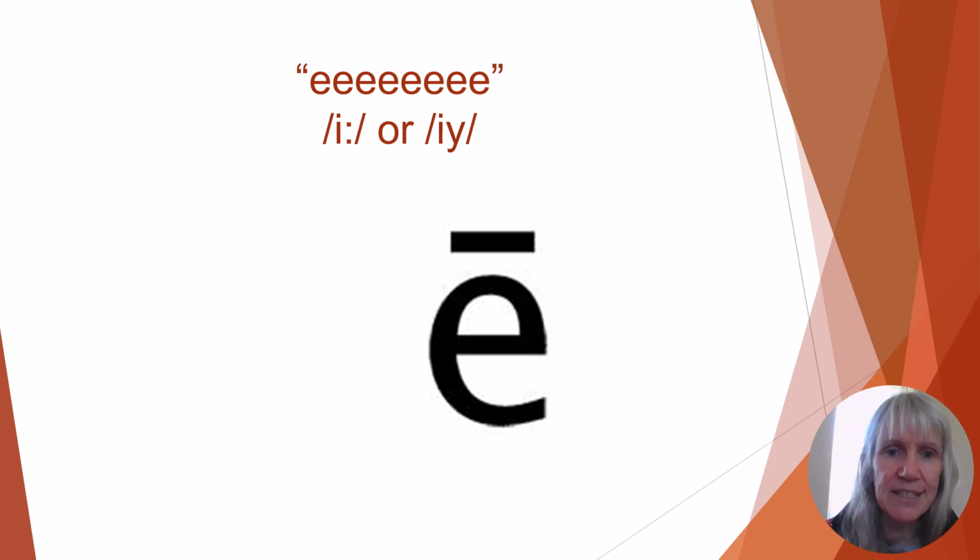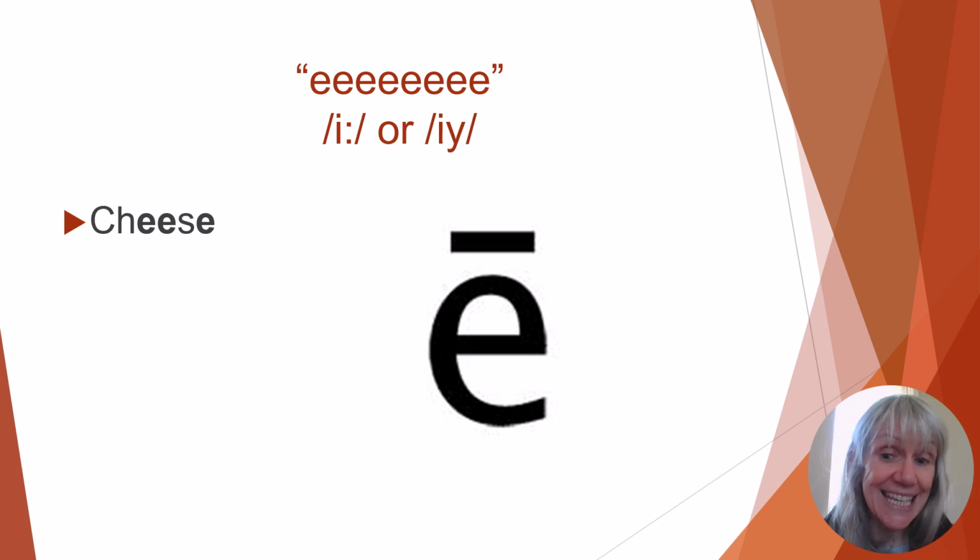But for now, we're using the example of E. So we're hearing E. And of course, the phonetic representation of that sound, what we've been using up until the point we got familiar with our Roman alphabet, is these two signs. We tend to use this maybe more in English than this one. But that right there means we're hearing a long E sound, the E in the word. Like in cheese. See, I use two E's to make that long E sound.